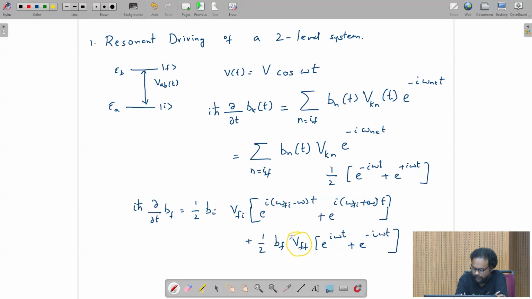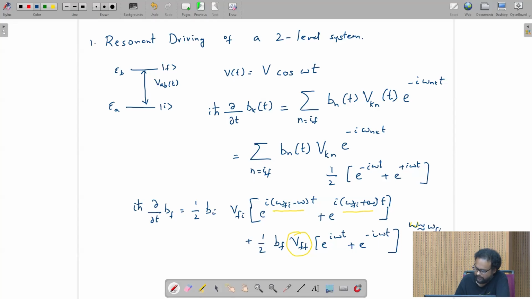But even if we look at the other term, there are two different components to it. One which is oscillating at this difference, one oscillating at pretty large frequency. So when I'm driving the system close to the resonance, let's say my omega, the frequency at which I'm driving the system, is close to omega_FI.